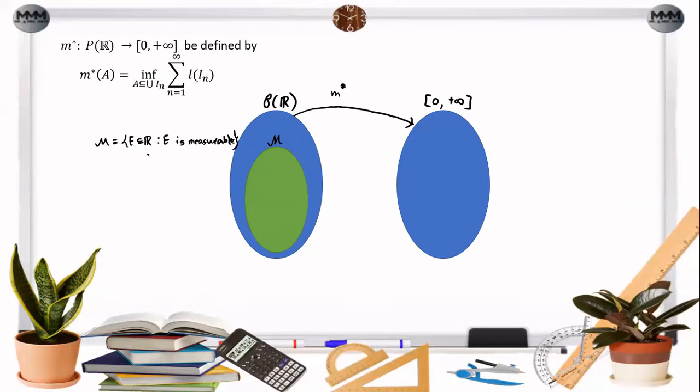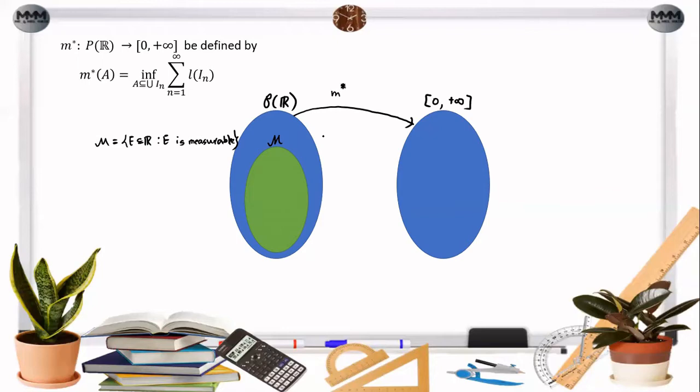Notice here in our domain, we have separated the measurable sets and the non-measurable sets. In the blue color, all sets which are subsets of the power set are non-measurable. Then in the green class of sets, we have all the measurable sets.